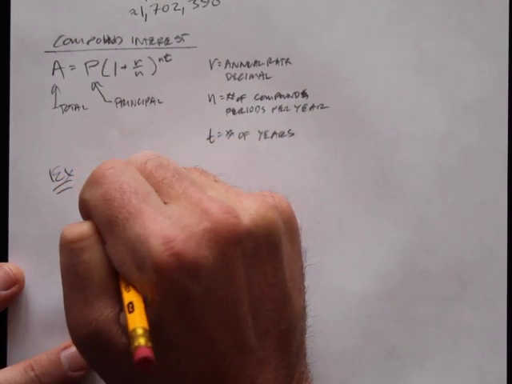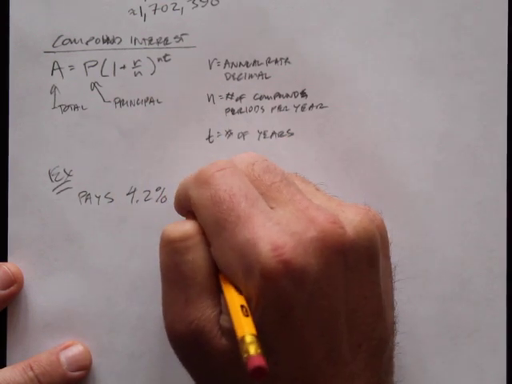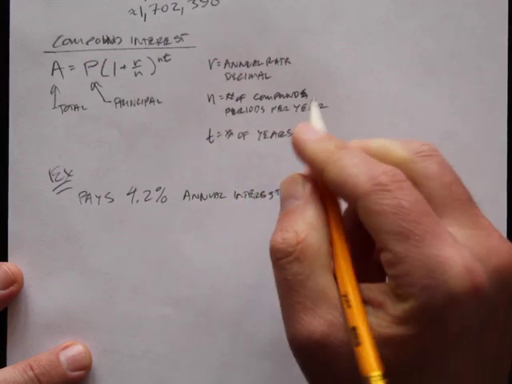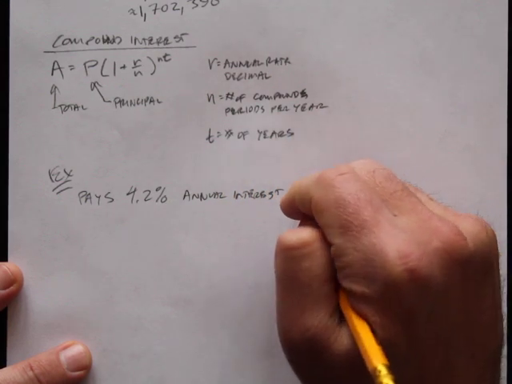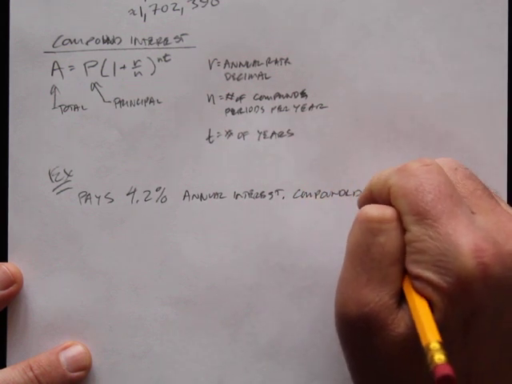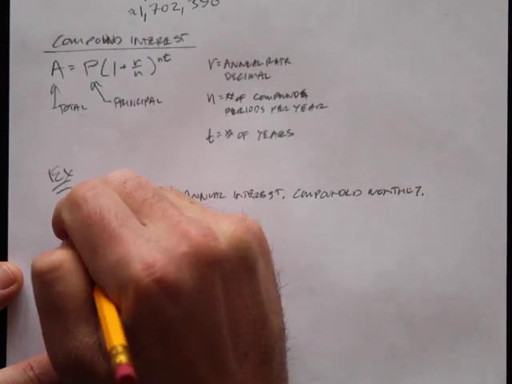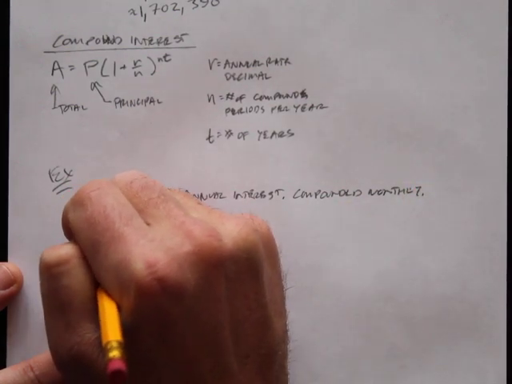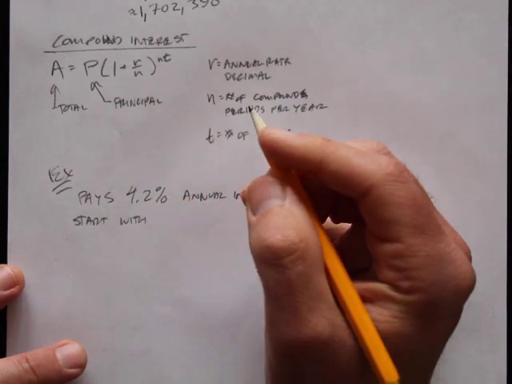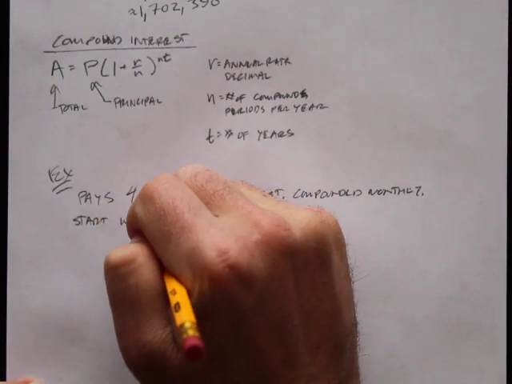So this account pays 4.2% annual interest. And it's compounded monthly. So you're going to start, your initial amount is $2,500.